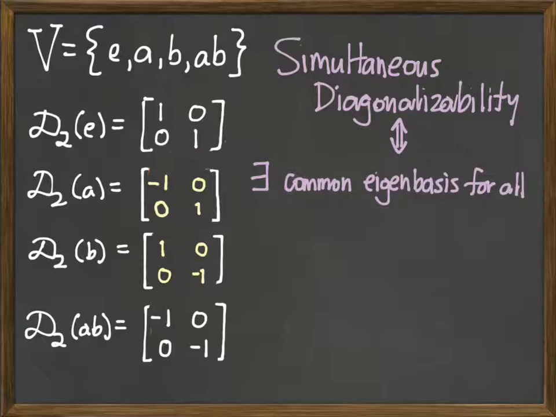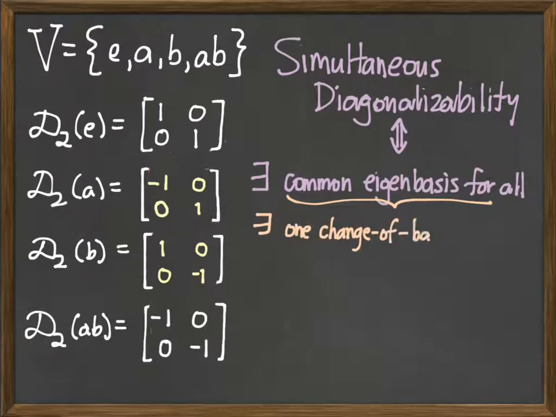So the fact that there's a common eigenbasis for all means that there exists one change of basis matrix. Let's call it P, the transformation matrix from the eigenbasis into the standard basis. P is a matrix whose columns are this common set of eigenvectors, v1, v2, and however many we have.